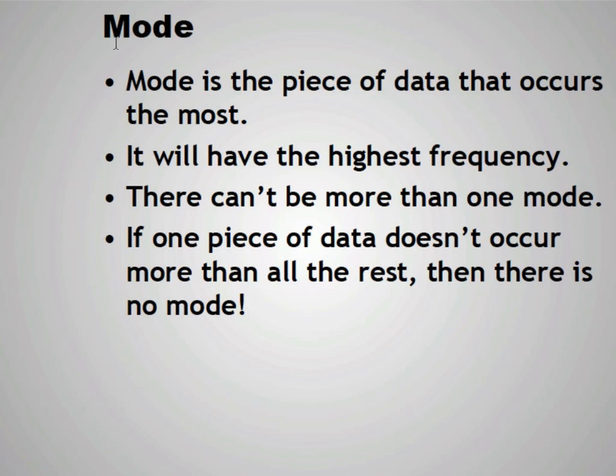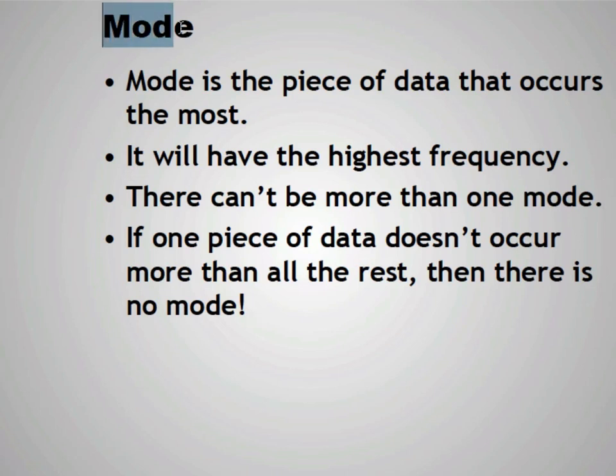The next one we're going to talk about is the mode. The mode is the piece of data that occurs the most. This one is going to have the highest frequency. It's another way of saying the most. Now it turns out there can be more than one mode, but if one piece of data doesn't occur more than all the rest, then there is no mode. In other words, if there's a tie for the most, then we would say no mode.